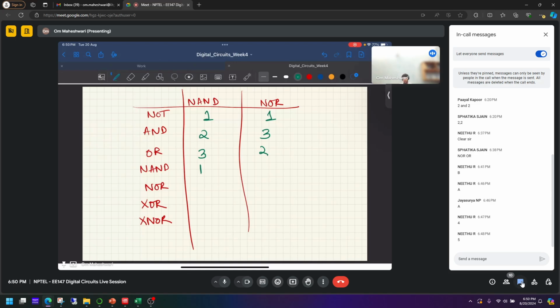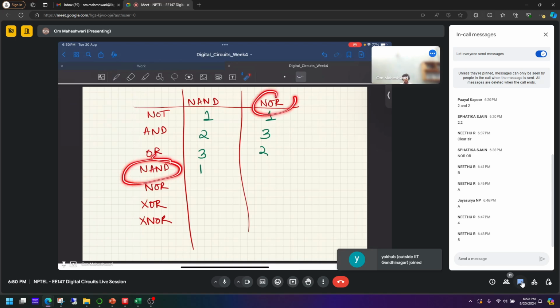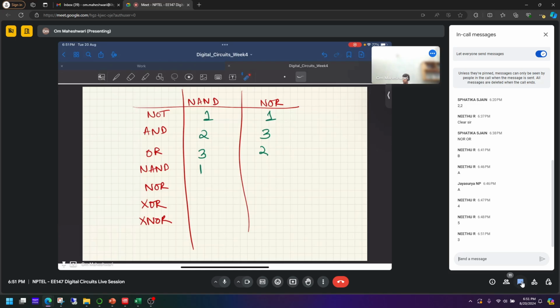For NAND, how many gates do we need to make a NAND gate from NOR gates? Similarly, 4 here and 1 here.